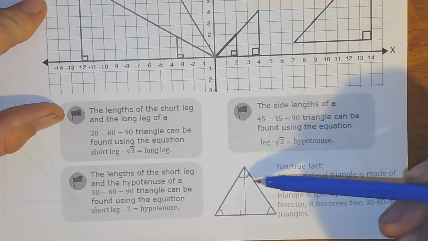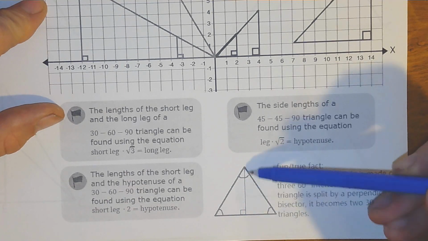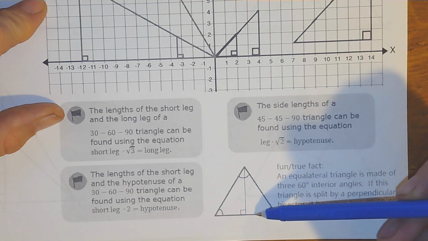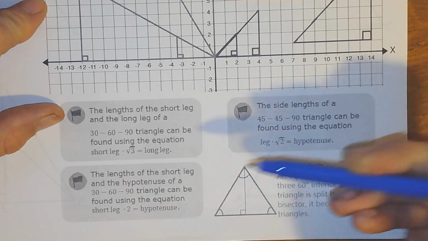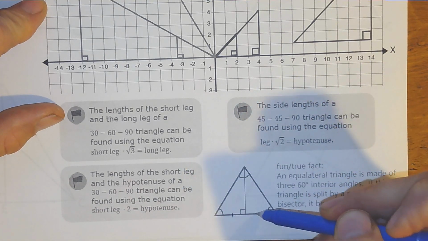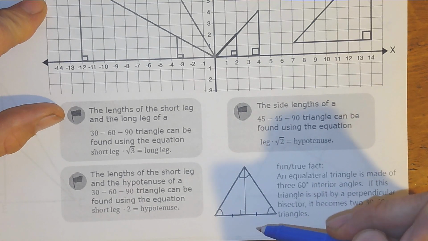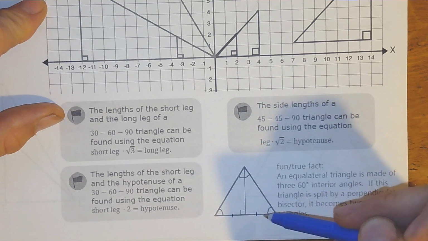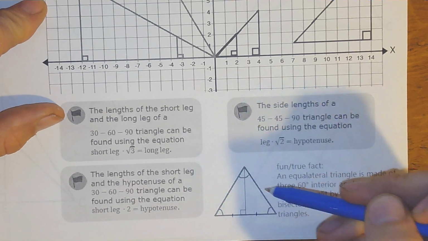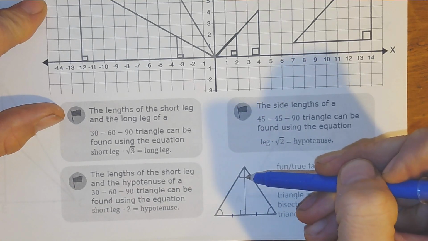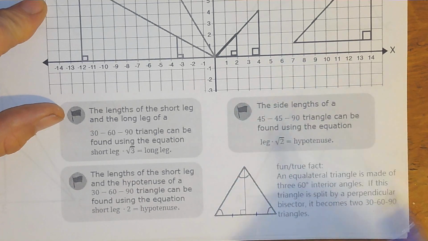Well, if I split it in 2 directly down the middle, this would now become 2 identical triangles. I would bisect that line, and this would become half of one of these sides. And this would split that angle right down the middle, so that would be 2 30-degree angles.